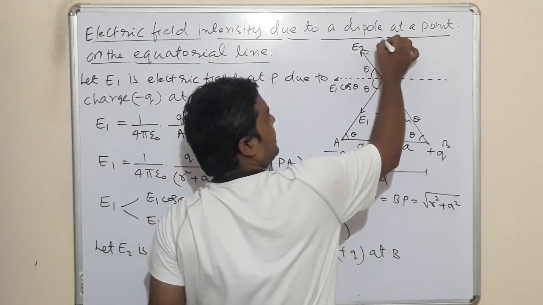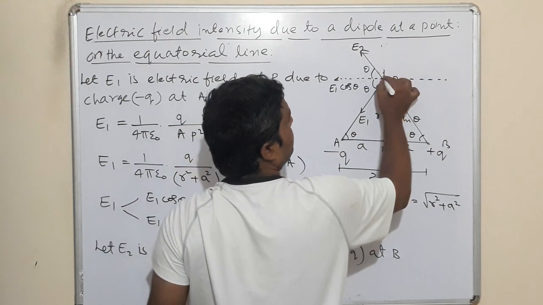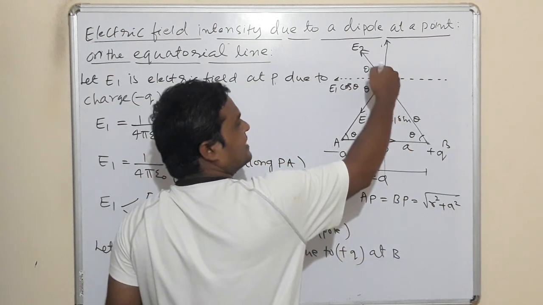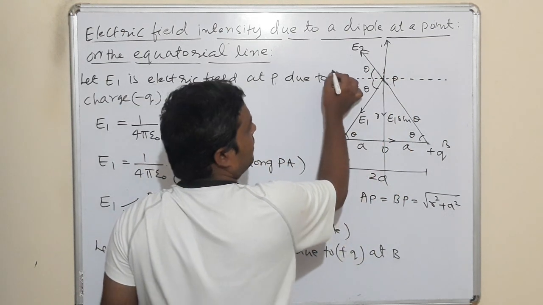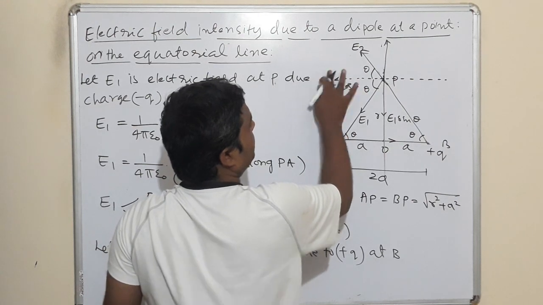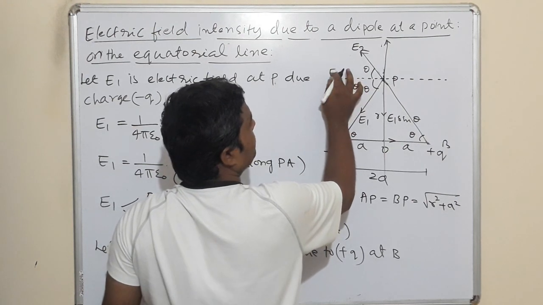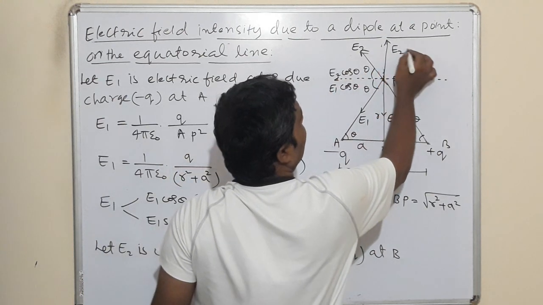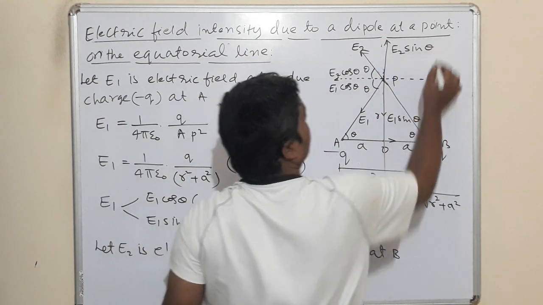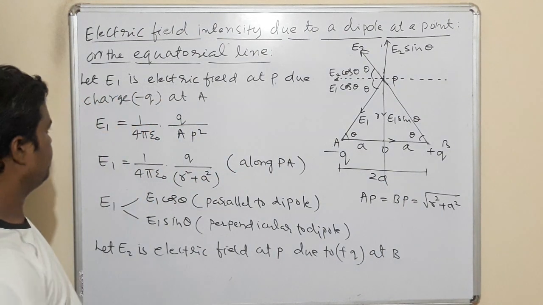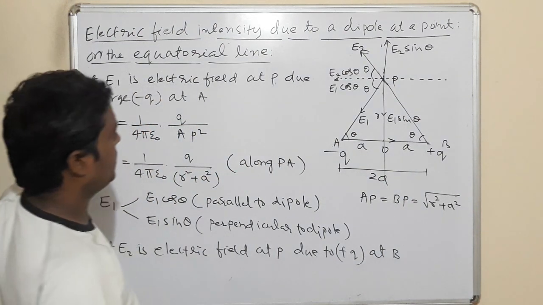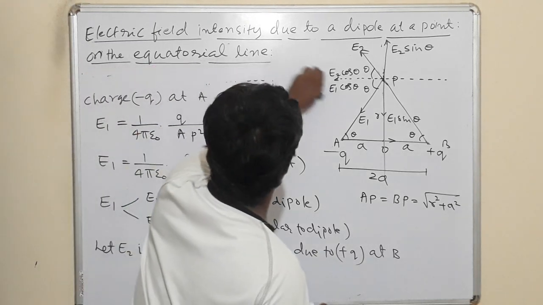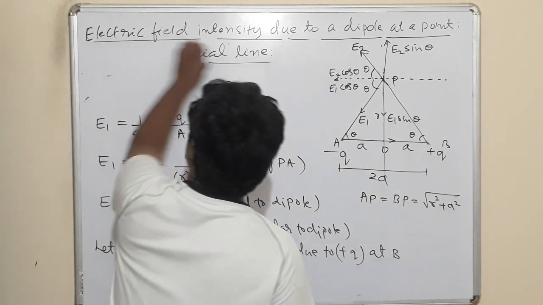One along this direction and one component along this direction. Theta is attached to this line. Then this will be E2 cos theta, then it will be E2 sin theta. Make a note of these things, pause the video and write continuously so that you can remember it. Okay.